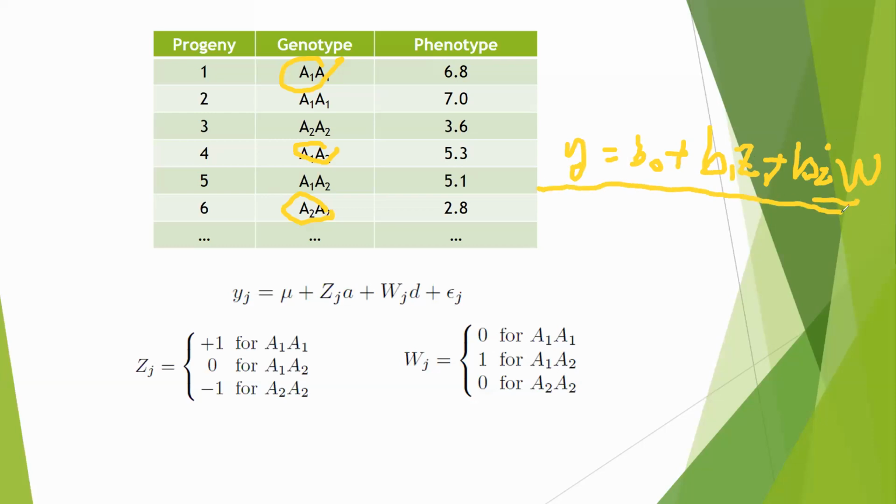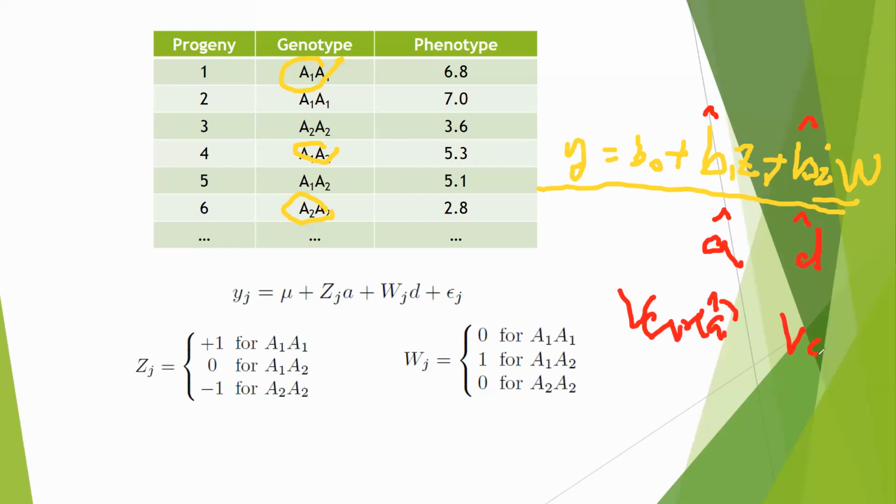We have already learned how to estimate these parameters, for example, B1, which is the additive, and B2, which is the dominance. And we can also estimate the variance of these estimates.